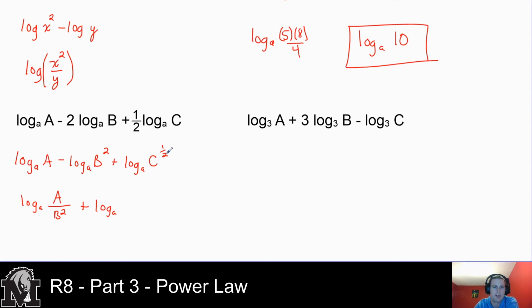So when the denominator of the exponent is a 2, that means we have a square root. So this is really the square root of c. Now, this logarithm is being added, so this root c gets to go in the numerator of our argument. So log base a of root c over b squared. This whole thing is the argument.